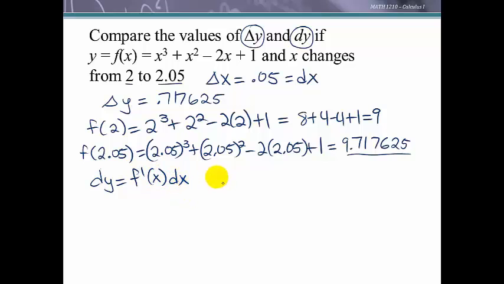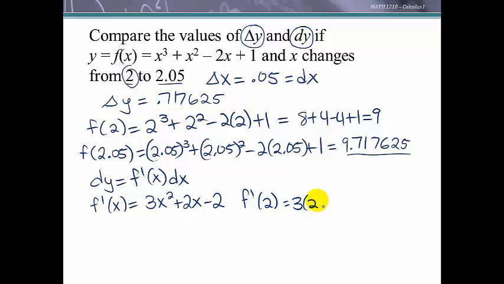Now to figure out our dy, dy equals f prime of x dx. So let's figure out what f prime of x equals. We'll take a derivative. That's going to be 3x squared plus 2x minus 2 for our derivative. Now we want to evaluate our derivative at x, and our x was 2. So that's 3 times 2 squared plus 2 times 2 minus 2.